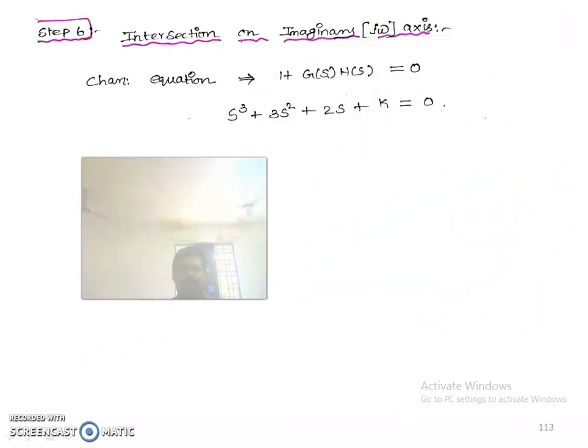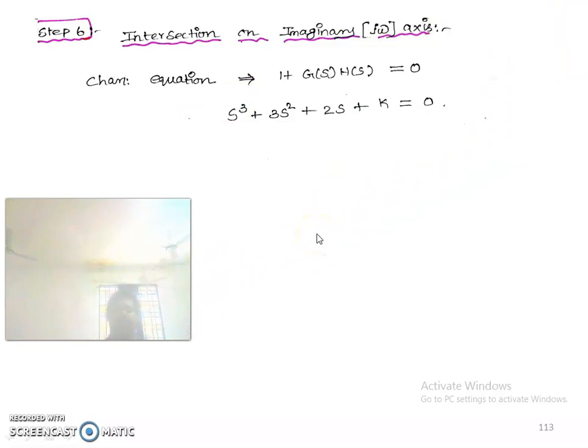Now we have to find the intersection of the root locus on the imaginary axis. In order to do that, we have to write the characteristic equation, and from the characteristic equation we have to form the Routh array.